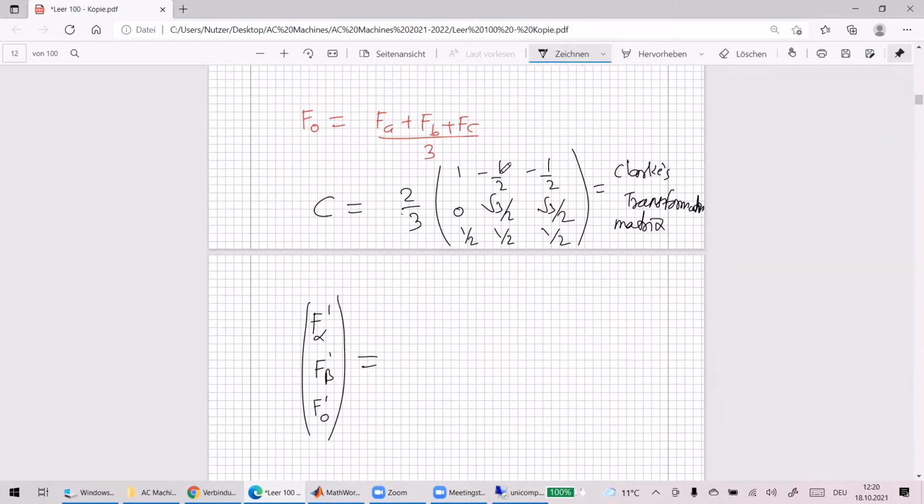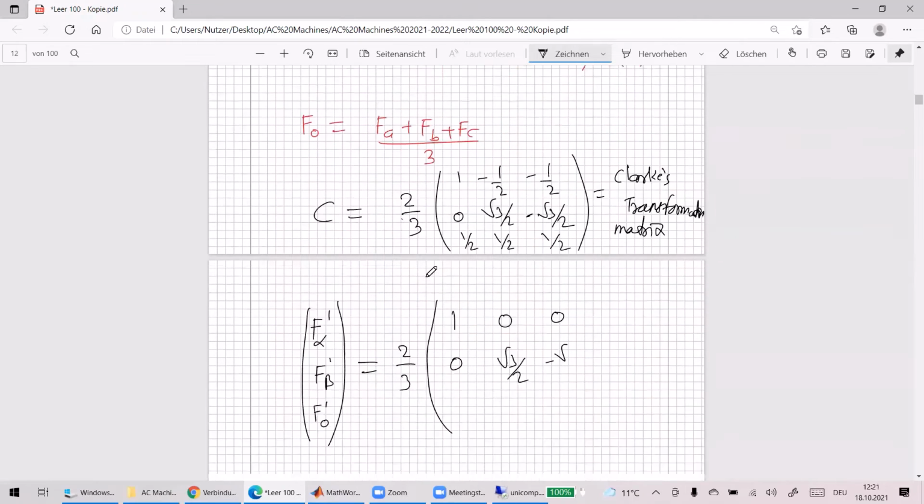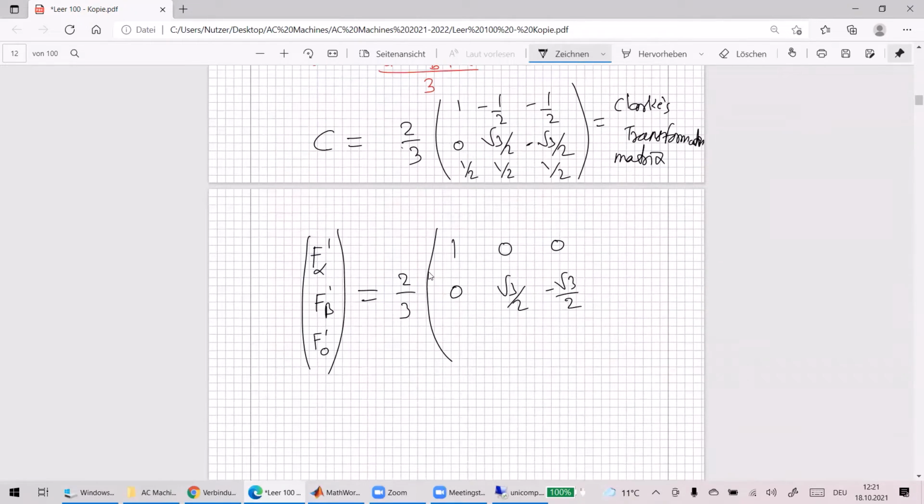The simplified matrix would be like 2/3. We just make 1 0 0, then 0 √3/2 minus √3/2, 1/2, 1/2, and then multiplied with your FA, FB, and FC. We can also write like this. Is it okay?